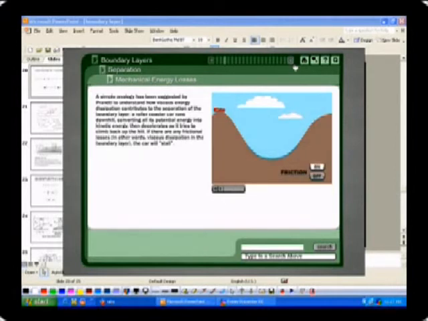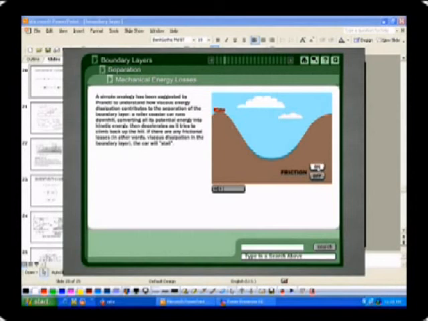Now that can be visualized with the help of this figure also. In this figure we have a car and a hill of symmetric nature. With the help of this we can easily understand the boundary layer separation, and when it is separated, the pressure recovery, meaning kinetic energy is not converted into potential energy. And we know what pressure energy is: pressure head plus potential head is known as piezometric head, right?